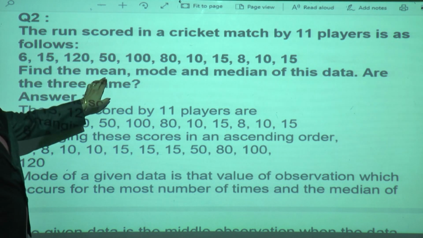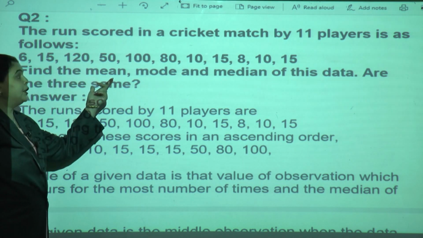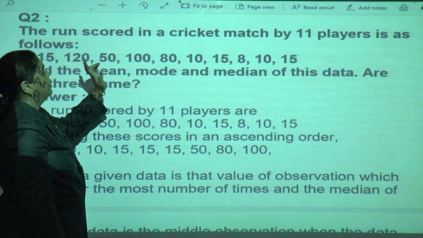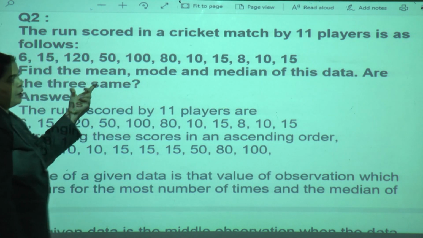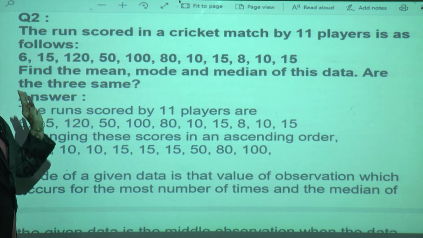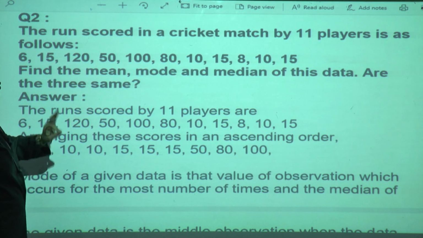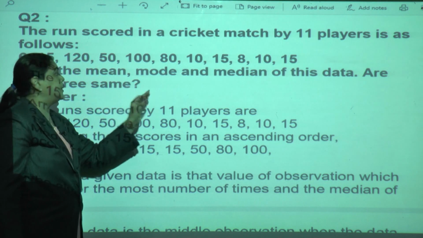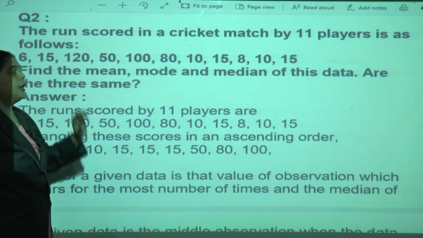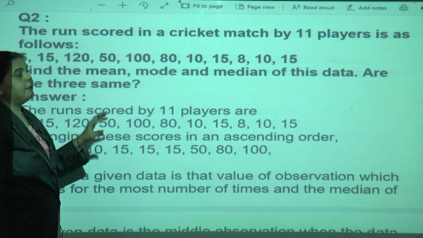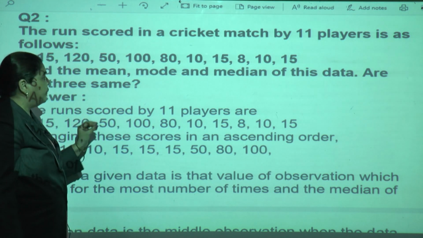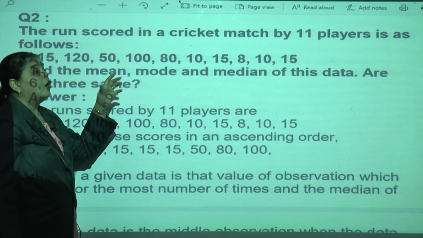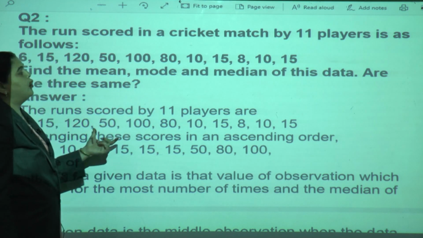Find the mean, mode and median. We learned the mean in the first exercise; all three terms we have to find out. In short, I will explain again, don't get confused. Mean is nothing but average, the arithmetic mean, the simple mean: the sum of observations upon the number of observations.